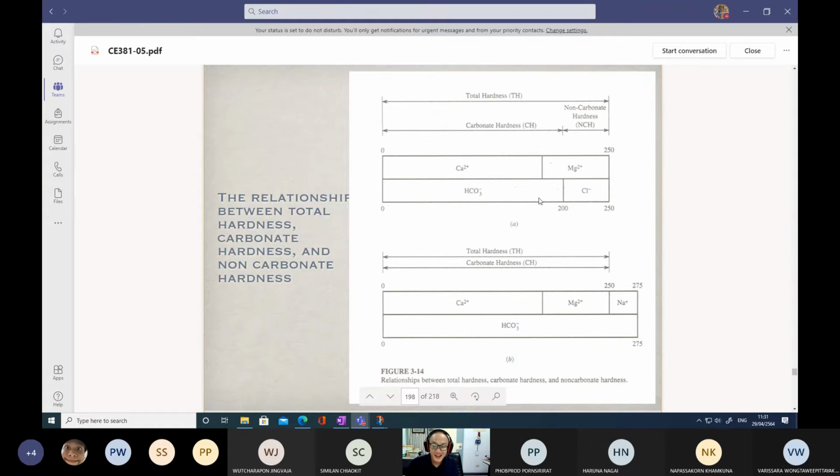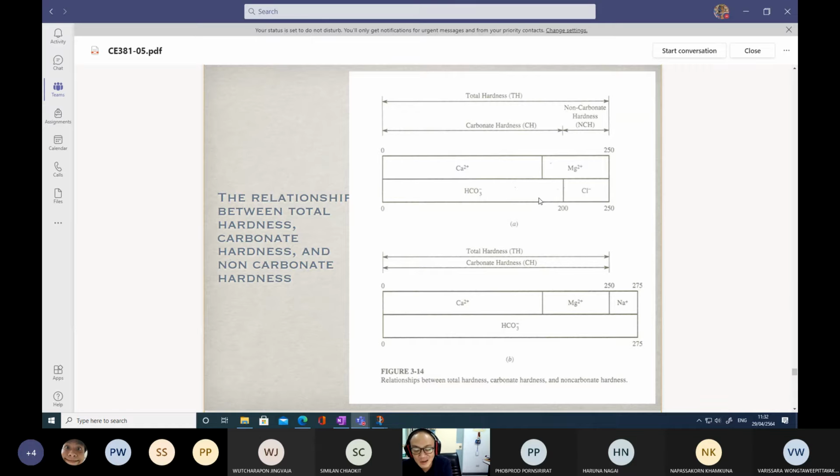There are two possible cases, as I told you. The first case is common: the carbonate hardness is less than total hardness, and the remaining is the non-carbonate hardness. But the second one is when the bicarbonate HCO3 minus is actually greater than the total hardness.